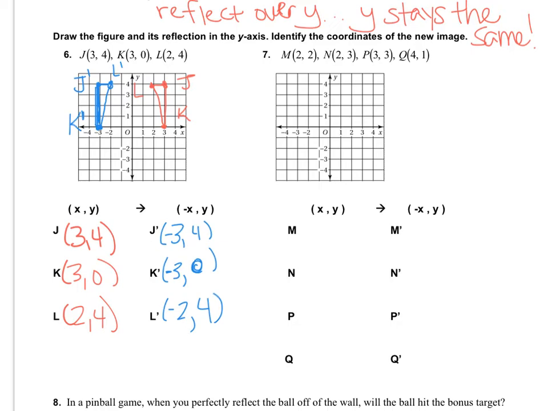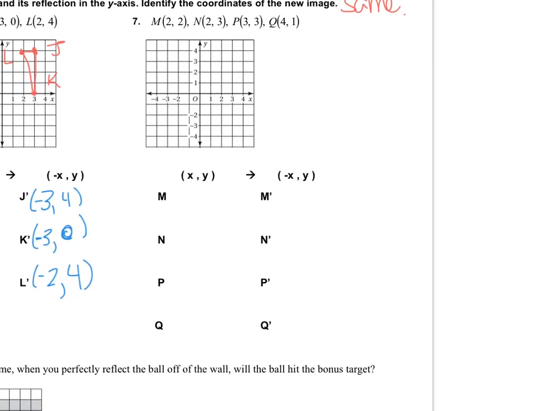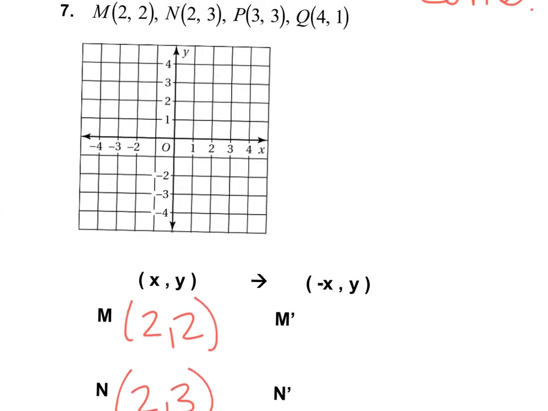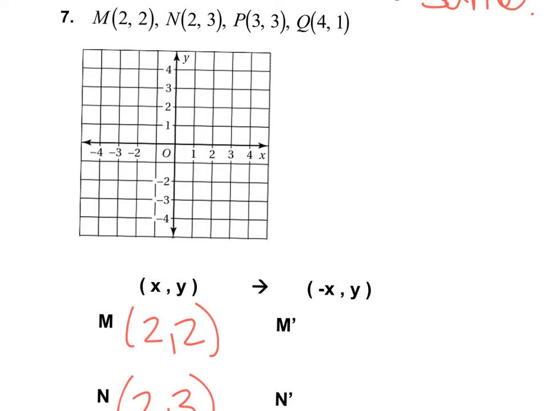All right, number 7. Number 7 has 4 points. Let's write the original coordinates. So (2, 2) for M, (2, 3) for N, (3, 3) for P, and (4, 1) for Q. I'm going to zoom in just a little bit because I have a feeling it's going to be hard for me to put the little dots there.